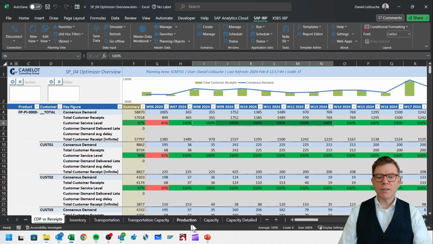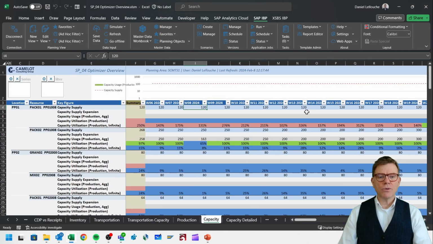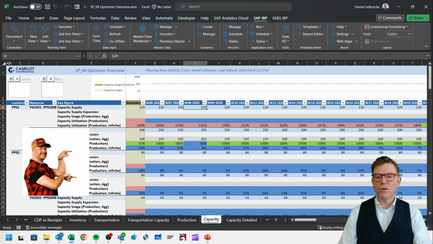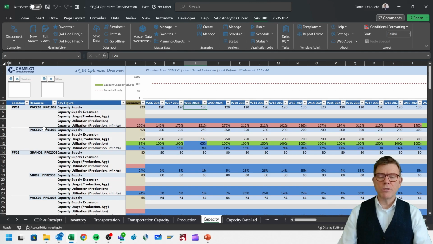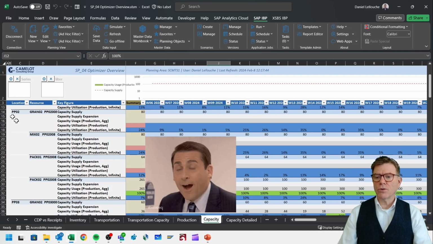But now let's see the counterpart, the production capabilities. Here we see the heuristics result, and now it has been converted to the optimizer result. We see that the production is not happening anymore on this resource, but on this other resource, because it was probably cheaper. There was some cost definition in there. Not only there, but also using another resource in another plant.